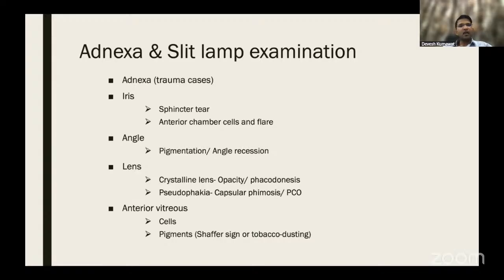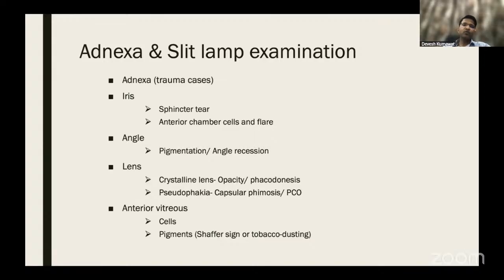Now, coming to the examination, it's not only the fundus examination that you have to perform, you have to perform a gross adnexal examination if it's a trauma case. If the patient gives you a significant history of trauma, you have to examine the adnexa, look for any defect in the bony orbital rim, look for any ophthalmos, any extraocular movement limitation, signs of trauma in the anterior segment, such as any sphincter tears in the pupil.